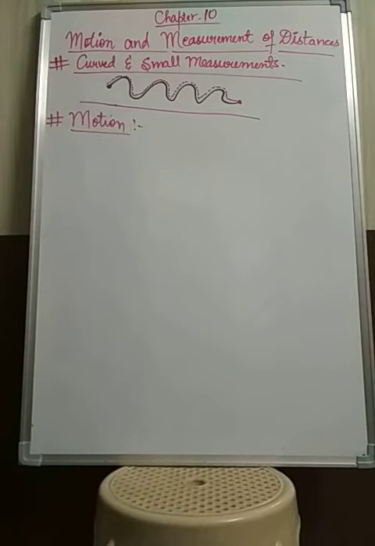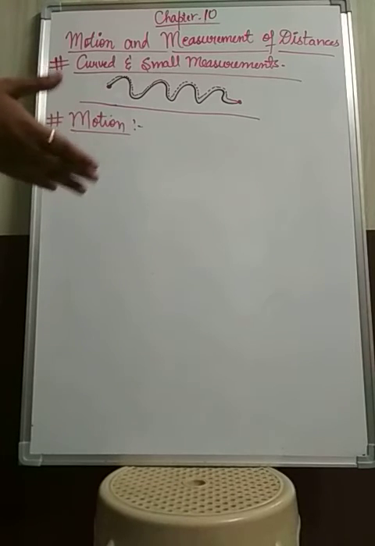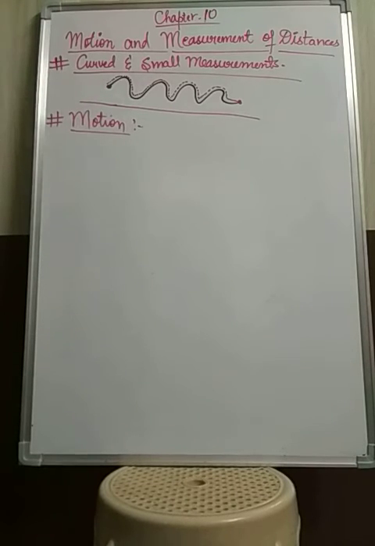An object may be in motion with respect to another object, but it may be stationary with respect to some other object. Let's discuss. Suppose you are sitting in a train and pass a person standing along the track.